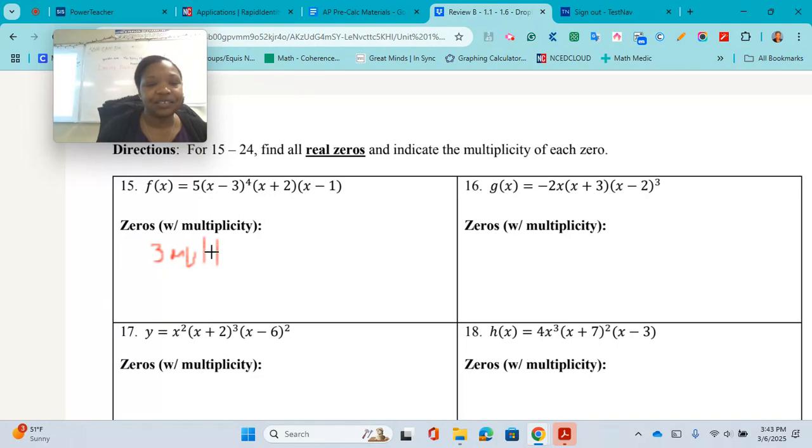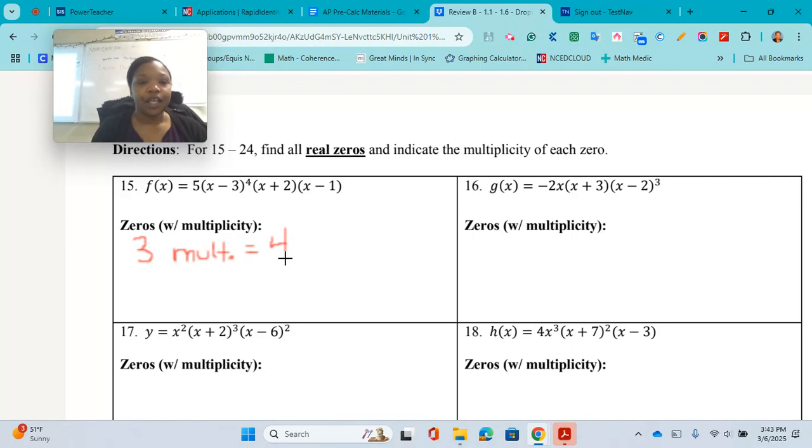Let me erase it. 3 with the multiplicity equal to 4.